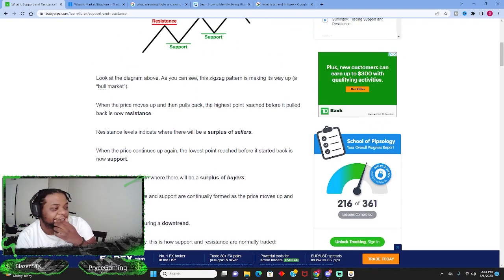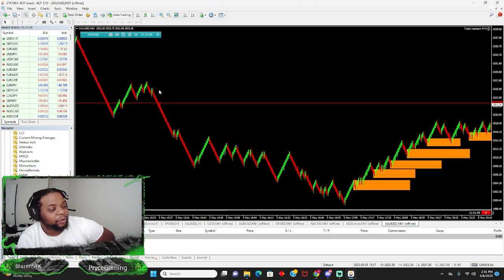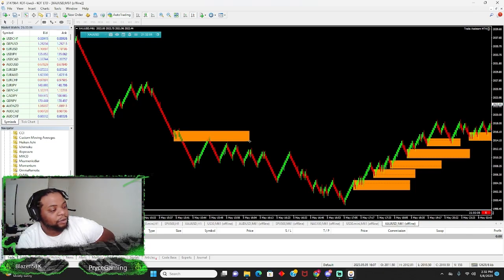So what they're saying is resistance levels indicate when price moves up and then pulls back, the highest point reached is not resistance. So the lowest point reached would then be resistance on a downtrend. So if you come in here, shoot down, shoot down, shoot down, lowest point reached, resistance.